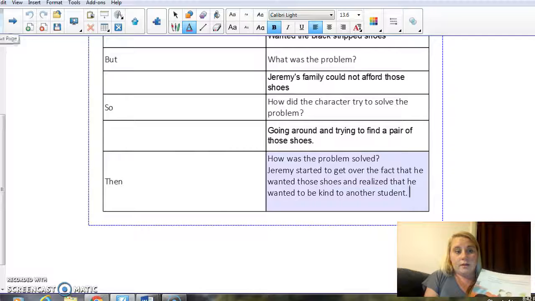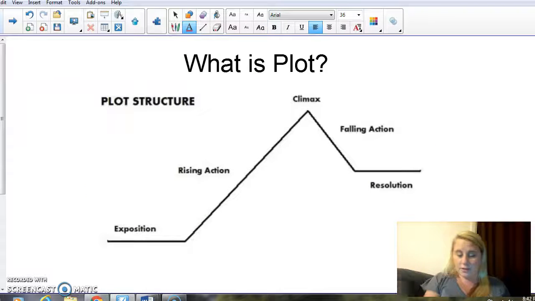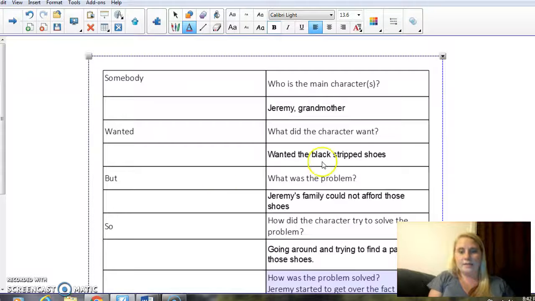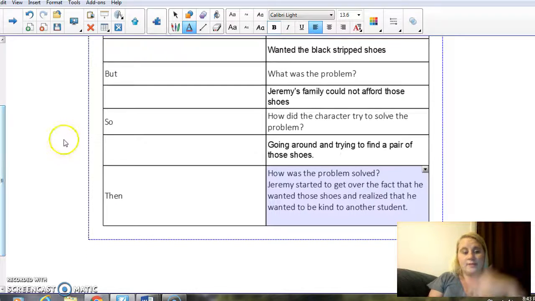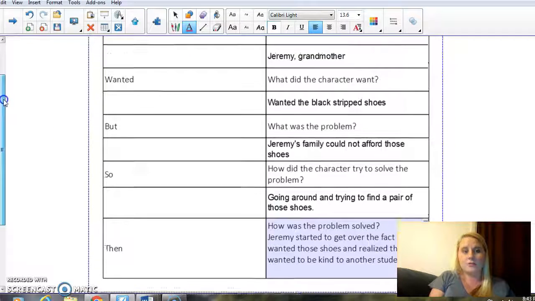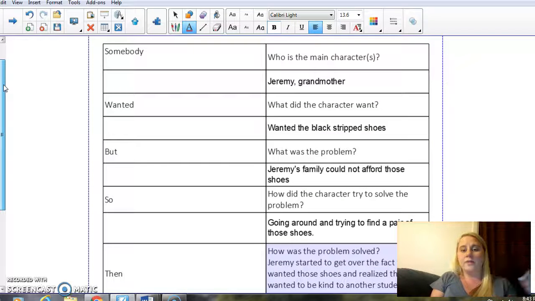So at that point, going back to what our character wanted, this was really the resolution of the story. He found out that his shoes would not fit him, so he gave them to another student, and then he realized that he had new black shoes, and he made a new friend, and he wasn't feeling like he wanted those shoes anymore. So if you notice throughout the story, they took what Jeremy wanted, needed, desired, and used that to help drive where their story was going.